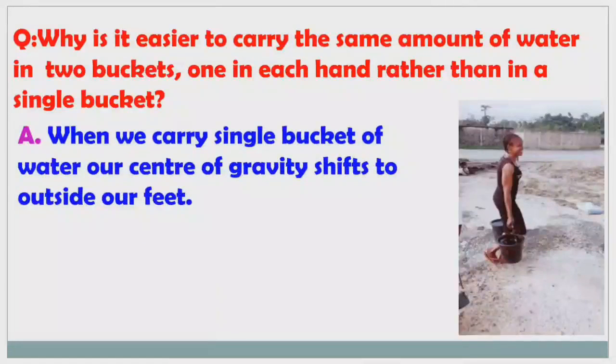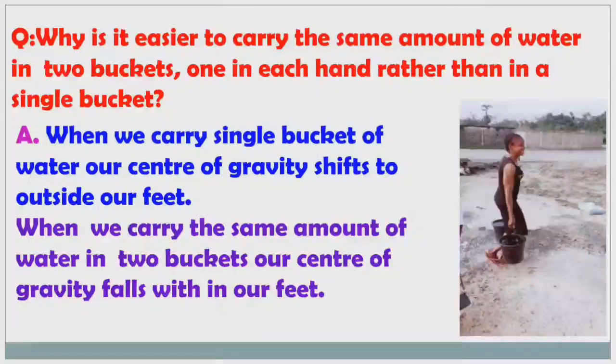When we carry a single bucket of water, our center of gravity shifts to outside our feet, so we may fall. When we carry the same amount of water in two buckets, our center of gravity falls within our feet. So it is easier to carry the same amount of water in two buckets rather than in a single bucket.